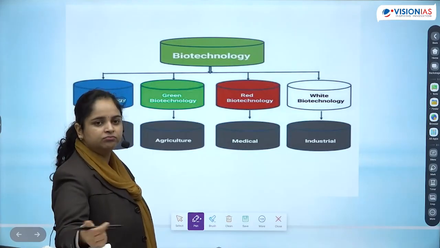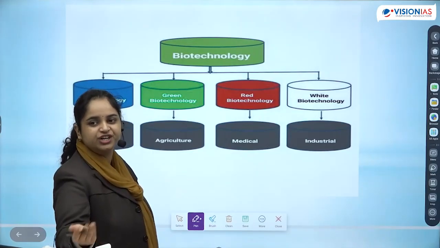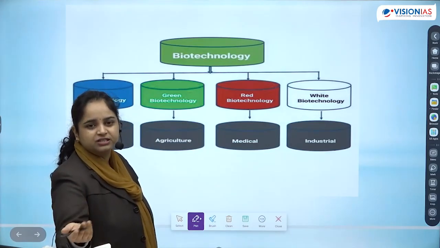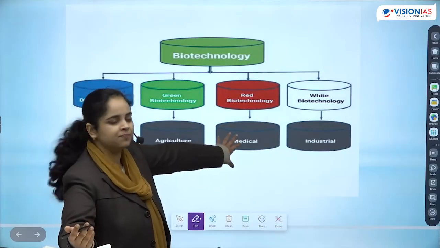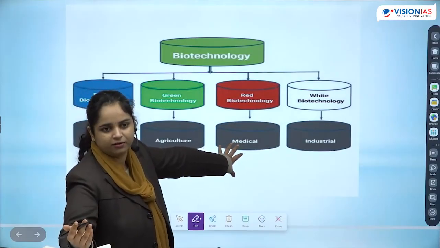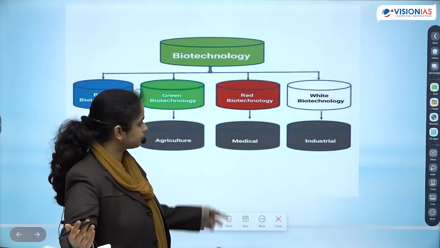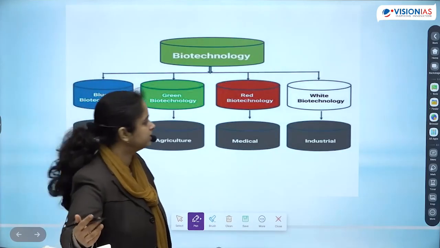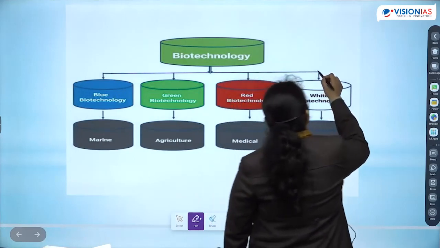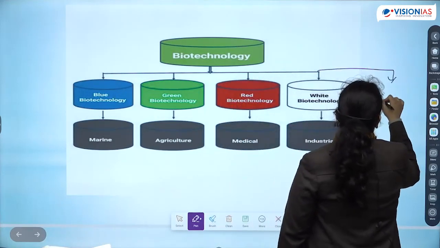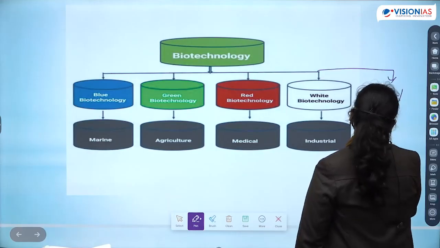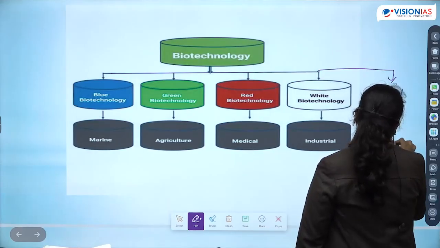Then all the different kinds of treatments, gene editing, then recombinant DNA technology, stem cell therapy, ये सब चीजें यहाँ पे आ जाएंगी रेड बायोटेक्नोलॉजी में. Then white is for industrial, and you can add one more, which is gray biotechnology, which is for environment.